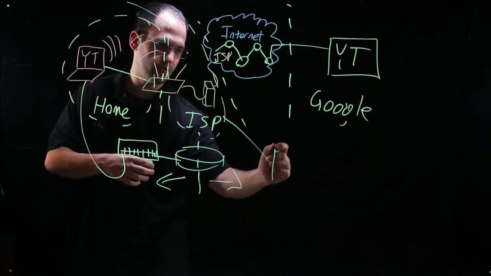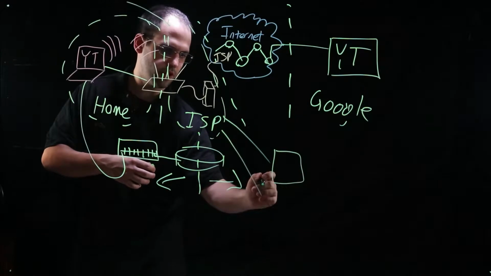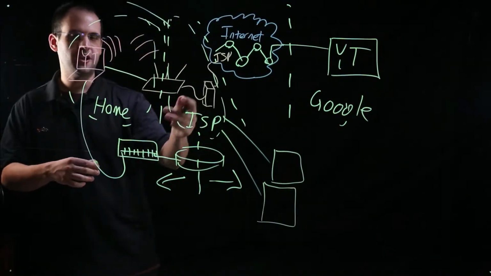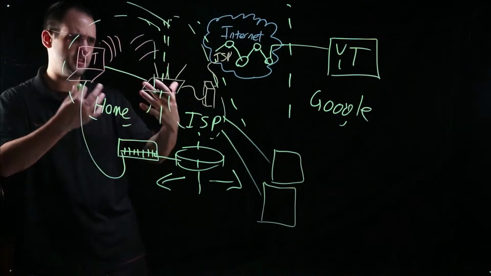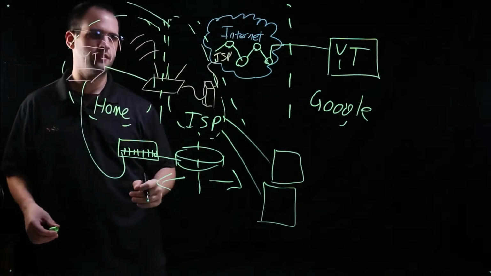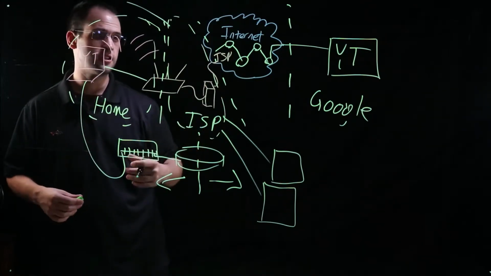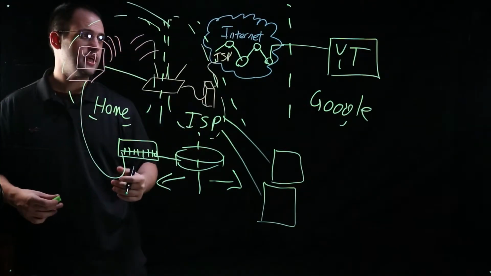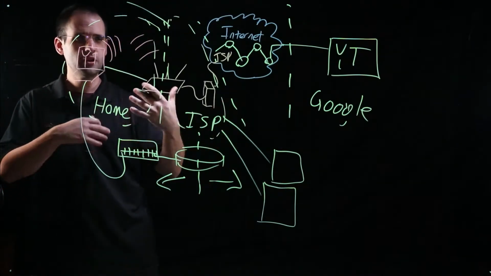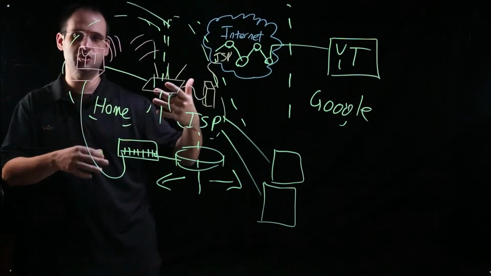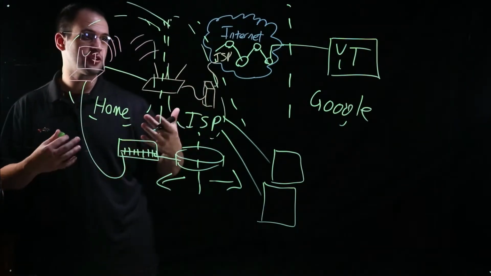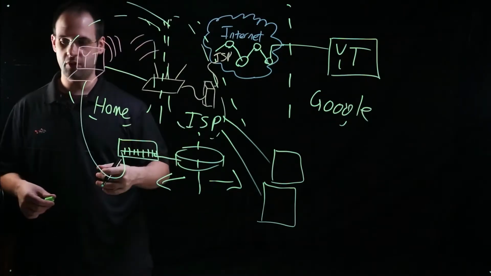There might be a home here, and there might be another apartment complex down there, and the ISP may have multiple connections on its own network to facilitate its needs. And then all the different ISPs and companies that exist on and off the internet are going to have their own networks. And then Google is going to have their own network. Really what we're looking at here is an interconnection of multiple networks, just like the internet, an interconnection of multiple different networks.